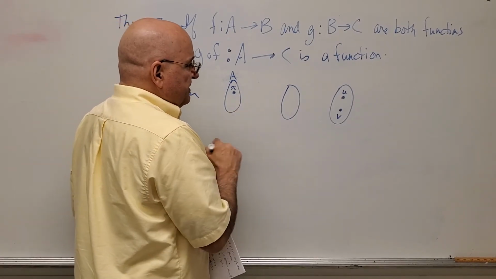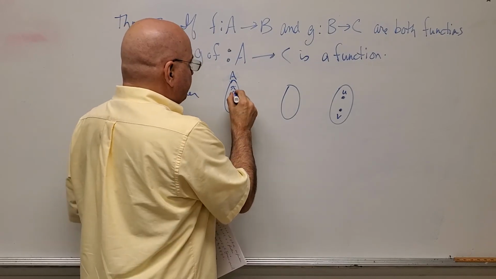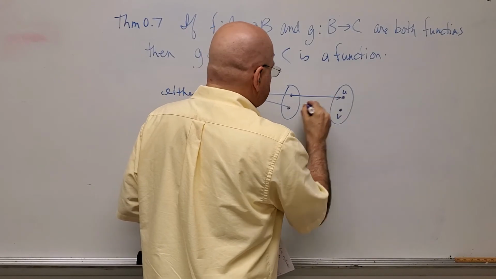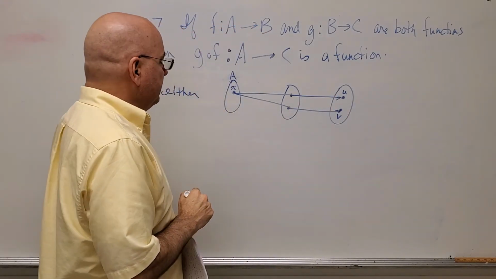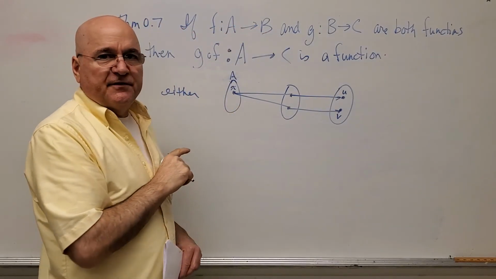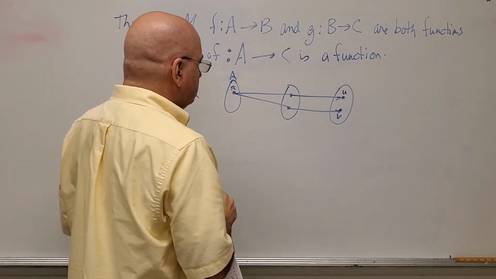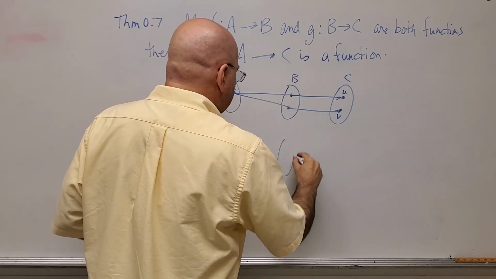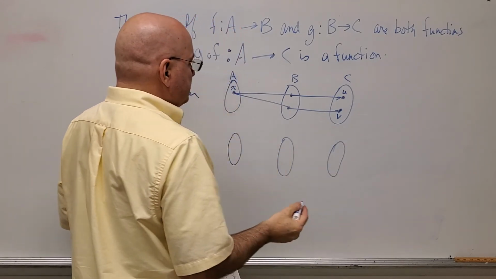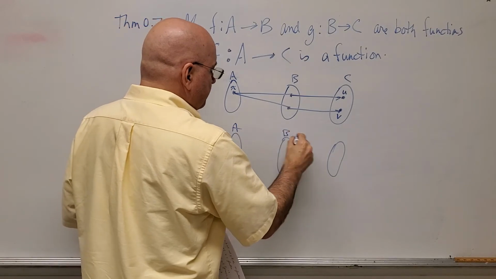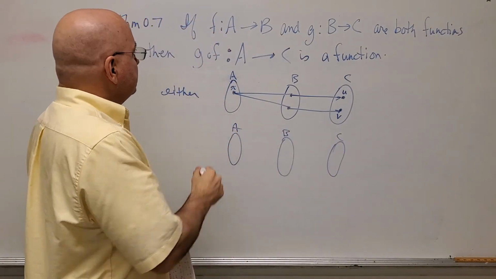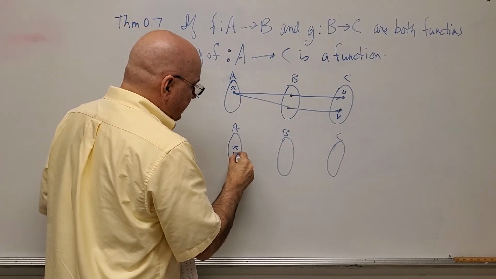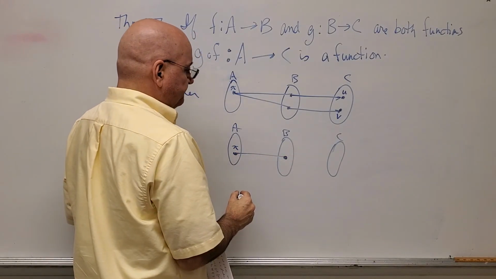But if it were to, the only way that x could map to both of them is if x mapped to two numbers here, and then these numbers mapped to u and v, but that's a contradiction because f is a function. f can't get mapped to two values in B. Another way that we could check, or to convince ourselves that g composed with f is a function, is x, as we suspect, maps to one value there.